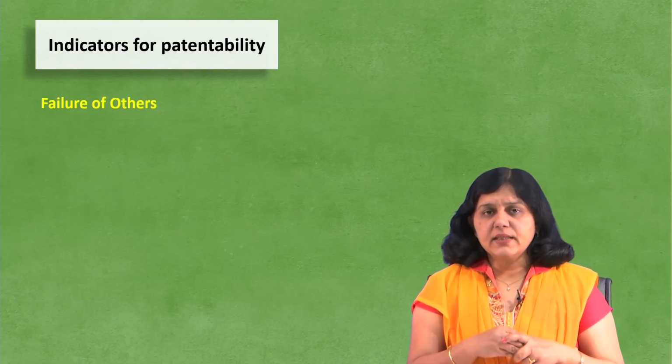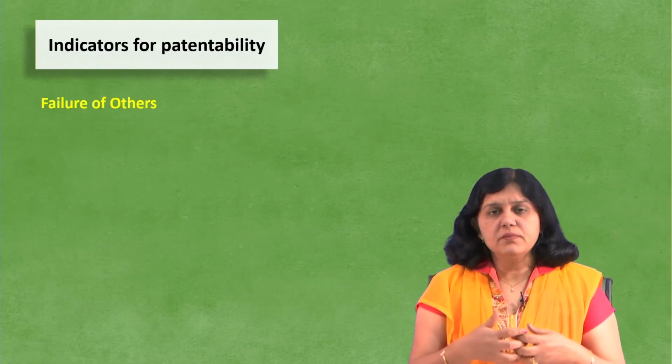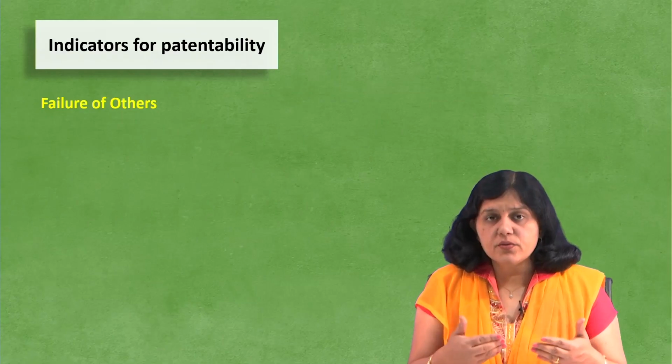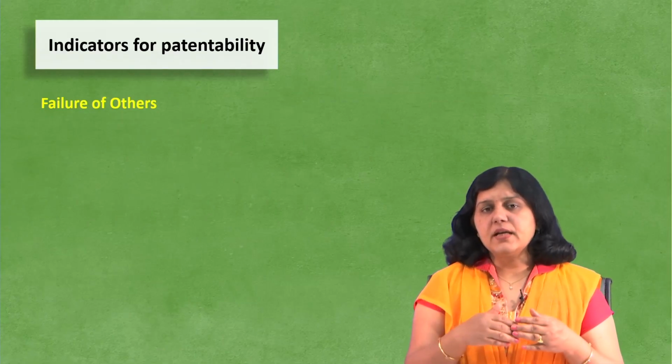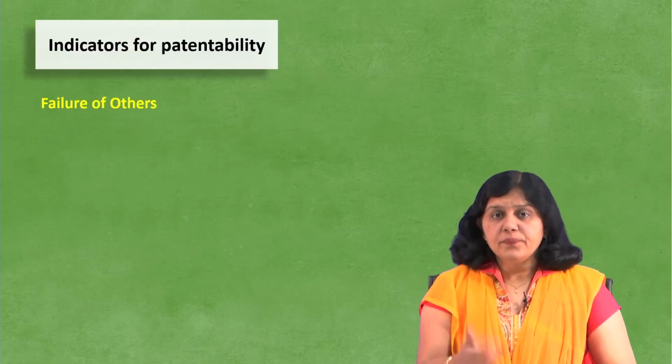If somebody gives that thing, when already for say 5 years people are working on it but nobody is able to give the solution, and here somebody comes up with the solution, then obviously that machine can be considered for the patent.